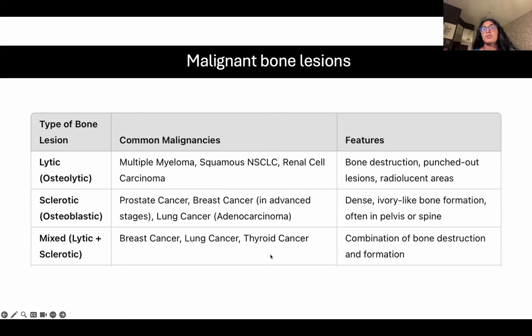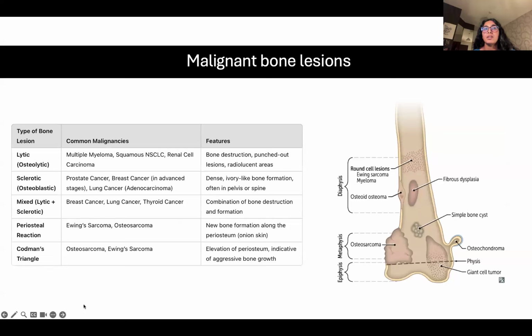They're not really going to give you an X-ray to look at and diagnose it straight from that. But just bear in mind which cancers metastasize to the bone most commonly. So prostate, breast, and lung are the most common. Then you've got some other keywords you might hear.